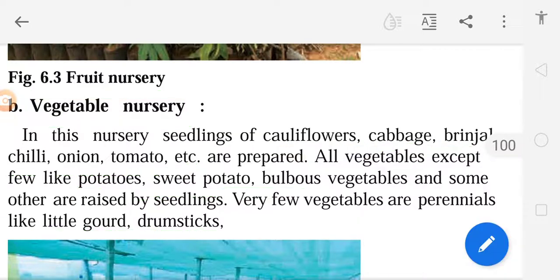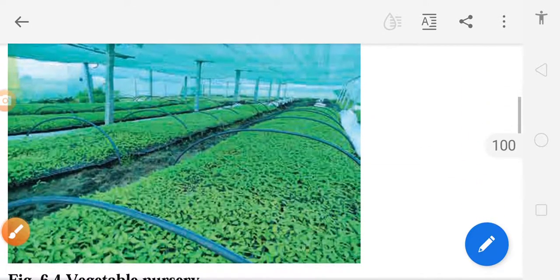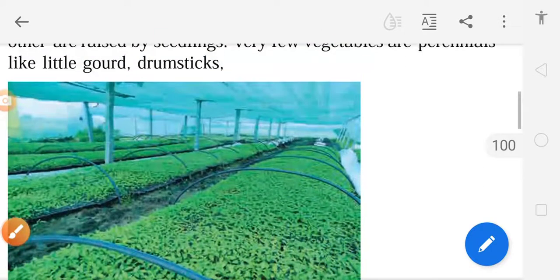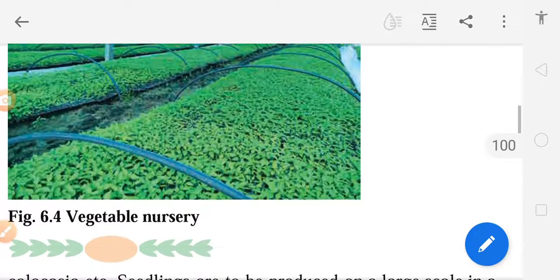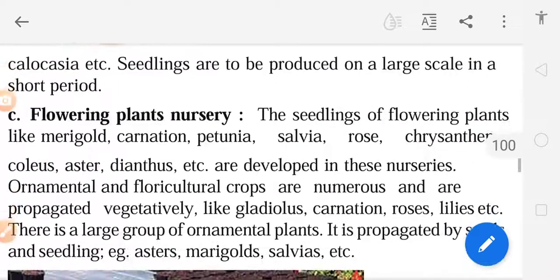Such seedlings can also be made in vegetable nurseries. Have a look, this is a vegetable nursery. It can be grown in a polyhouse, and is given a particular shelter and coverage. So this is the second kind of nursery.